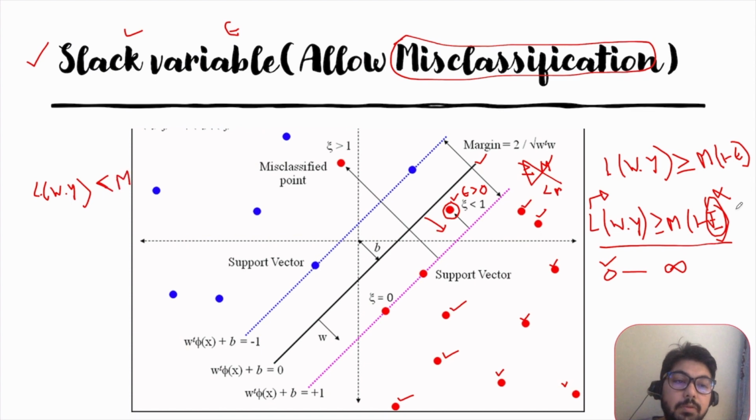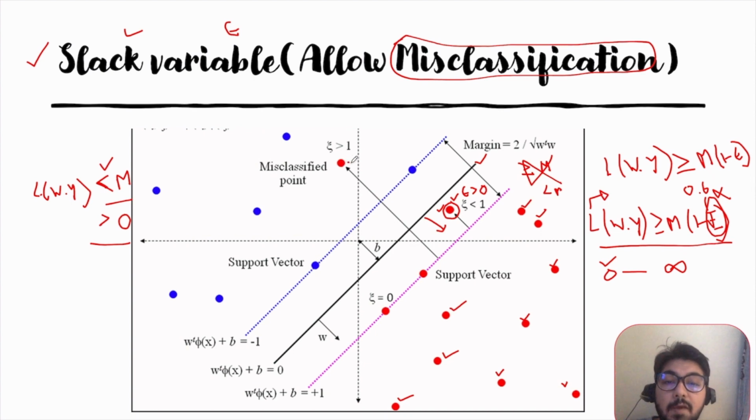For example, if I put epsilon as 0.6 for the point which appears here, this equation turns out to be less than m but greater than 0. Greater than 0 signifies that it actually exists on the right side of the plane, and less than m signifies that it does not maintain the margin, so it is very close to the hyperplane.